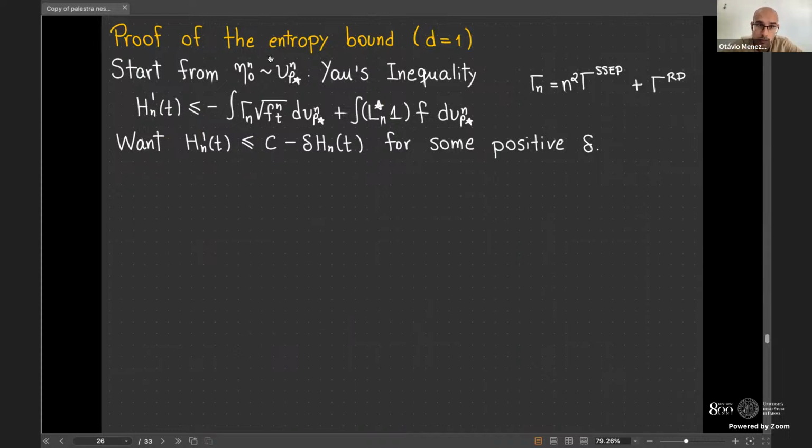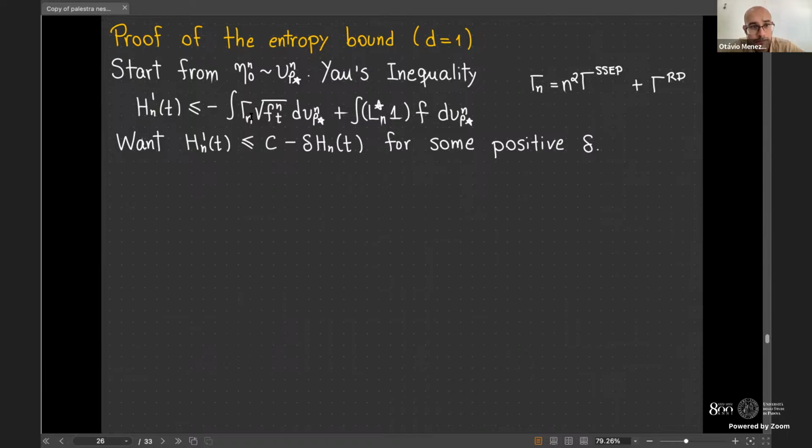Let's say you can start at any configuration, so might as well start at IID, zero entropy. As the dynamics goes on, you expect entropy to increase a little bit because correlations will form. But if things are to stay close to product, then entropy better stay bounded in time.